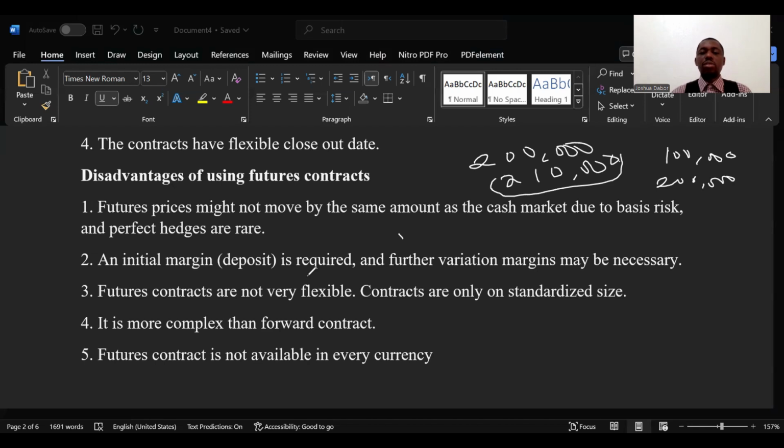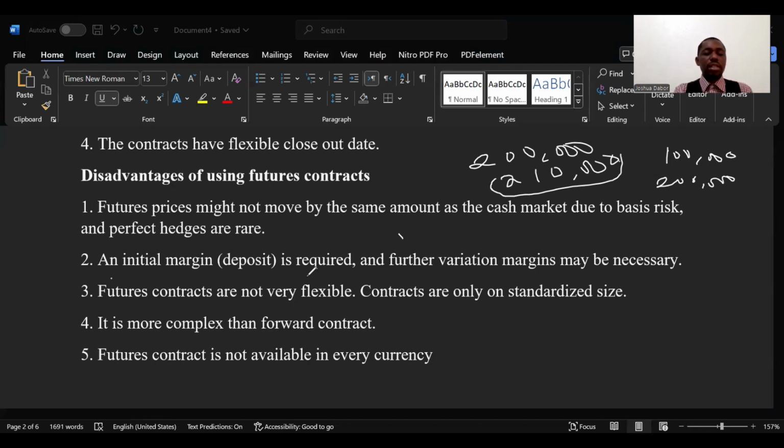There will be 10,000 naira or $10,000 unhedged. If that is the case, it means that you cannot hedge that 10,000 using the futures contract because it is a standardized contract. So that is one of the disadvantages of the futures contracts.